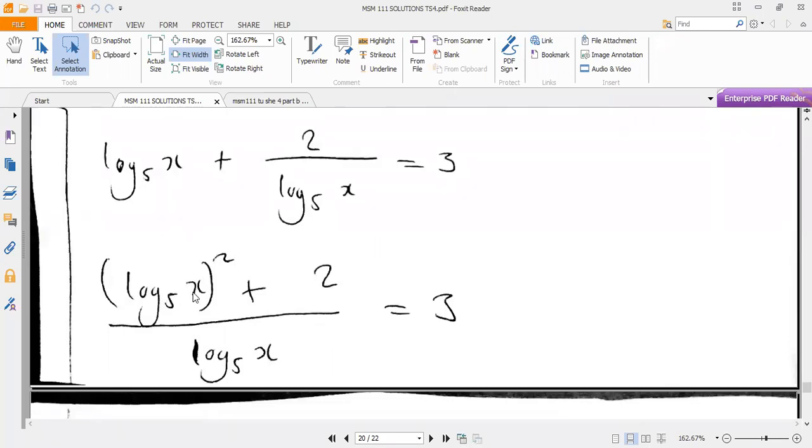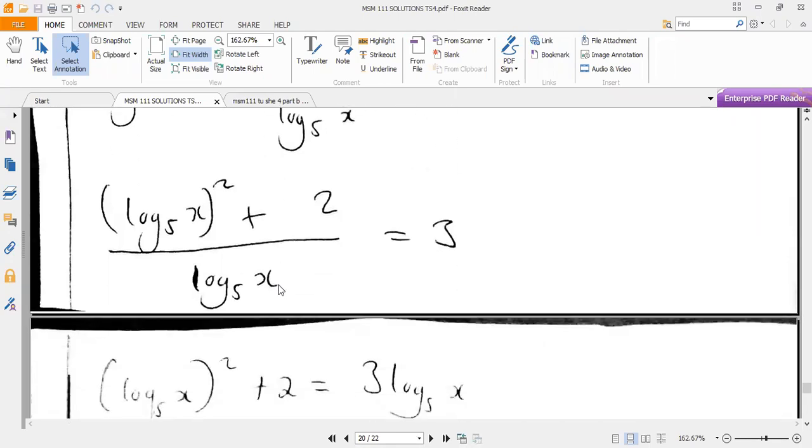So it will be log base 5 of x to the power 2 plus this guy to go away, isn't it? It will be log base 5 of x, it will cancel this guy, isn't it? So just remain with the 2 there, right? Is equal to 3.